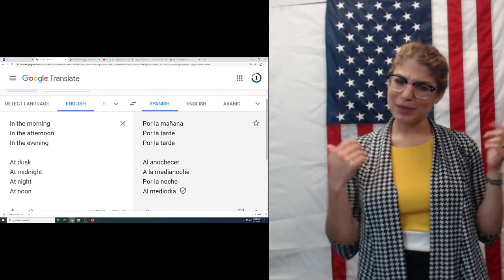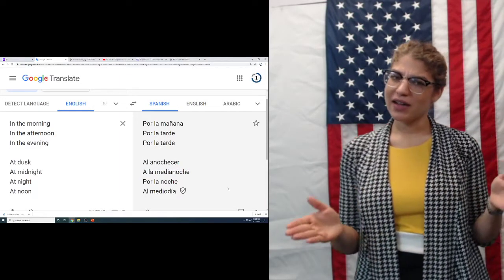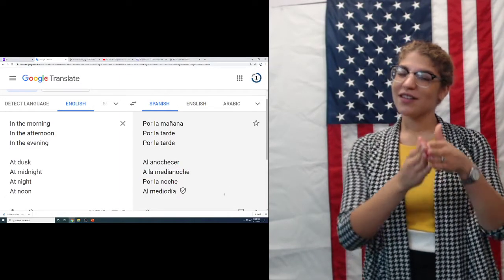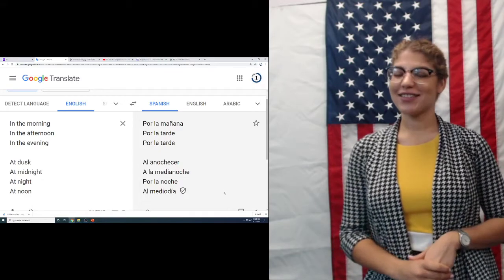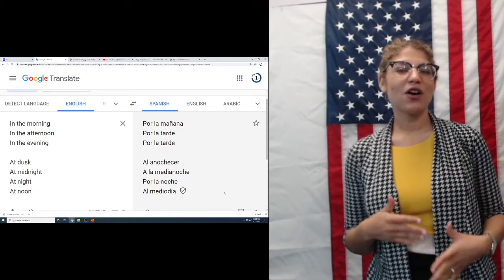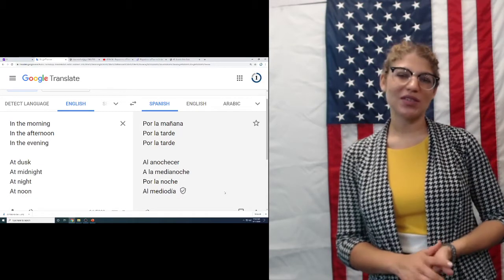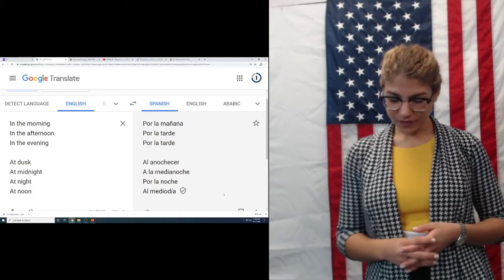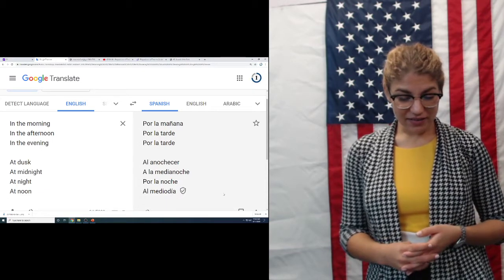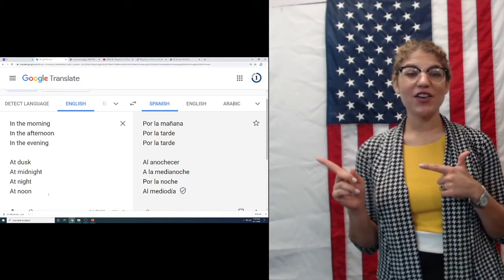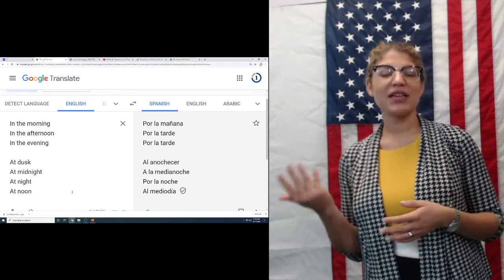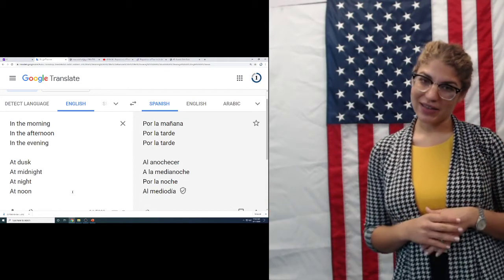Yesterday she asked me, is it because the time is more specific? The answer is yes. Because we are talking about a time that is more specific, we will use the word at. Okay, so these here are your examples of when we use in versus when we use at.